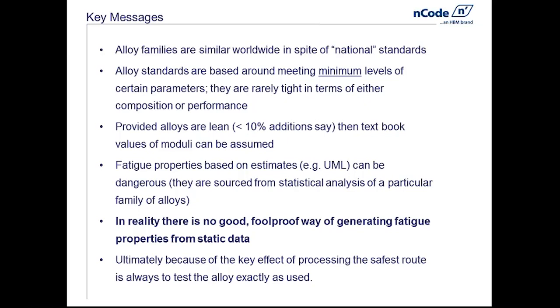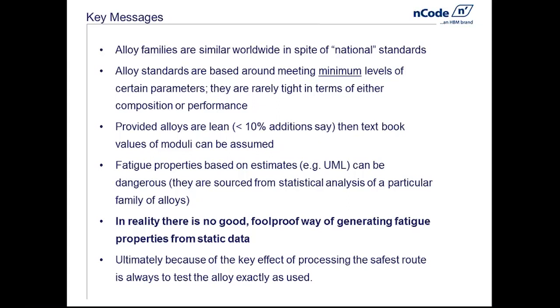If the alloys are lean, then you can assume textbook values for moduli. The reason I flag that up is because the modulus is a parameter that is so often taken for granted. It's not necessarily one that you should use the output from a tensile test for. There are much better methods, such as ASTM E111, which gives you a much more consistent value of modulus.